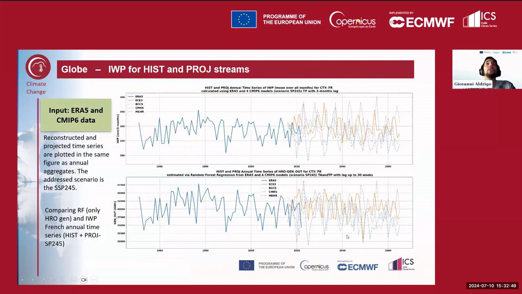So just to have an example of the output, which is similar to the random forest one we saw earlier, this is again France. The upper panel shows the output for both the historical time series and the projected one that we have at the moment. Again, in blue, ERA5, and with different colors, the different CMIP6 models.